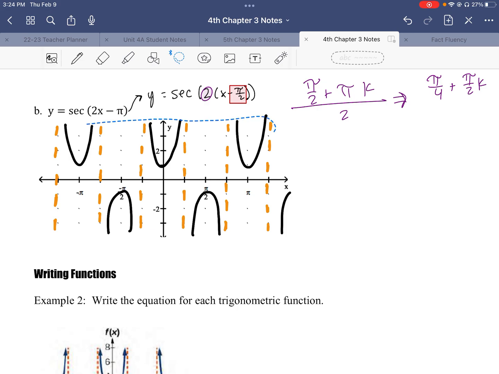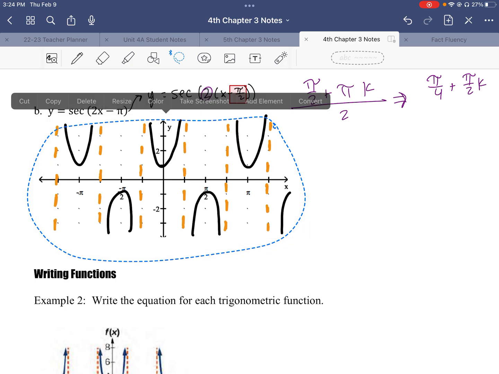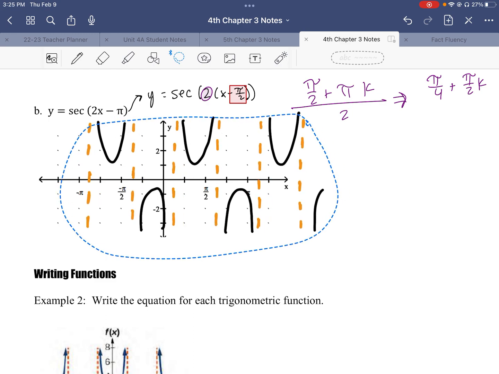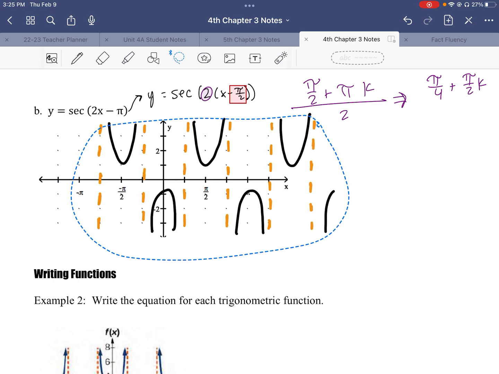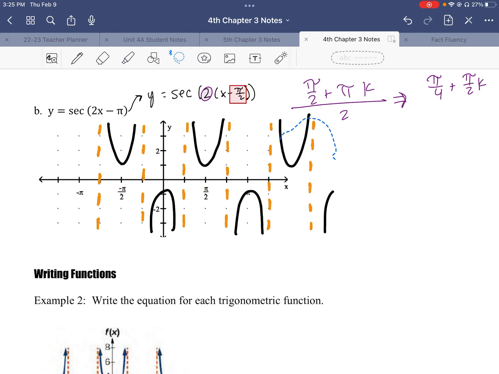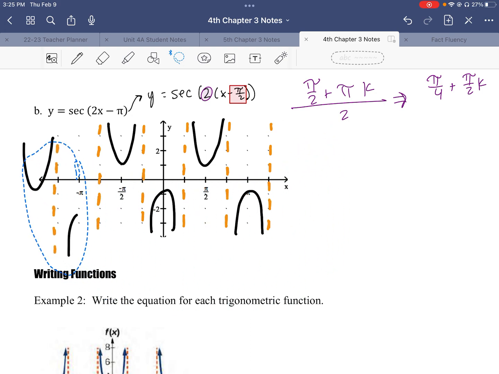But we do need to shift right. So I'm going to pick up everything I have and shift it right a little bit here. Be really careful that you get it in the right spot, so pi halves should be at 1. Again, these go off the graph, so I'm going to pick them up and move them.